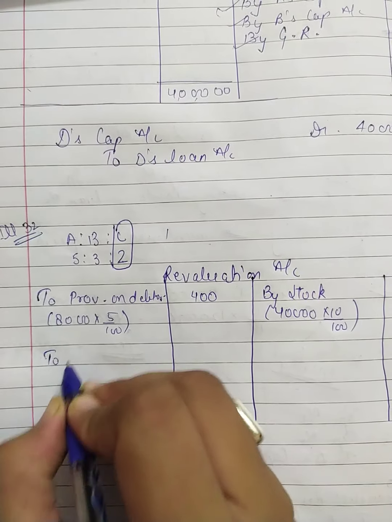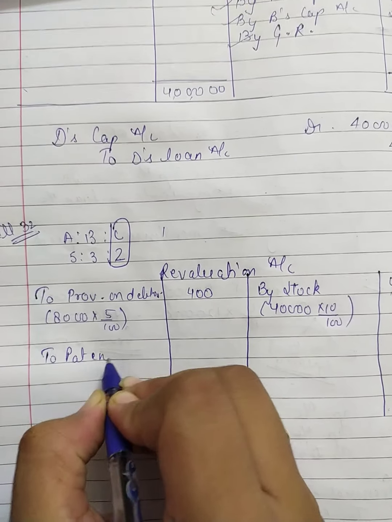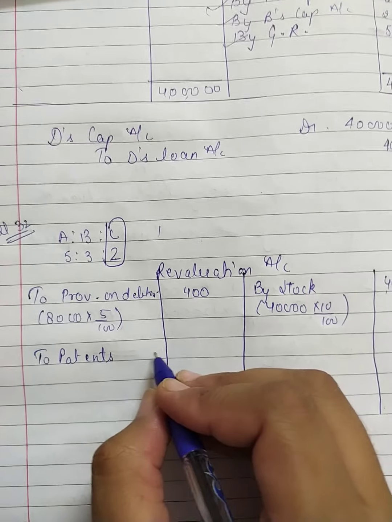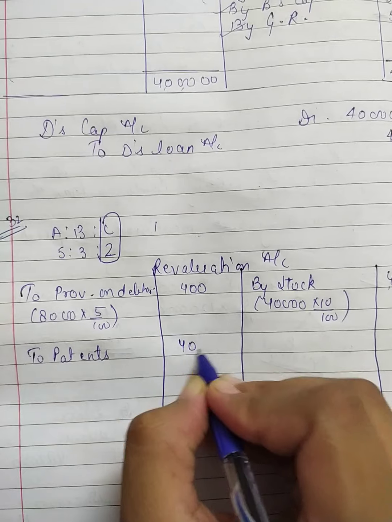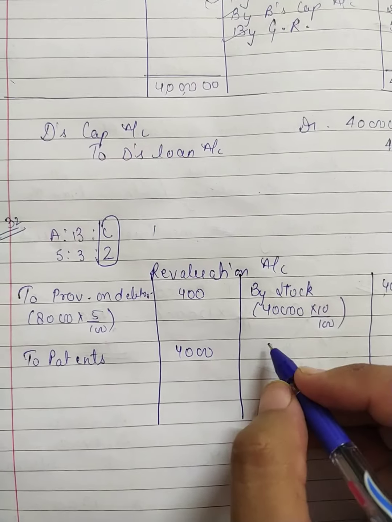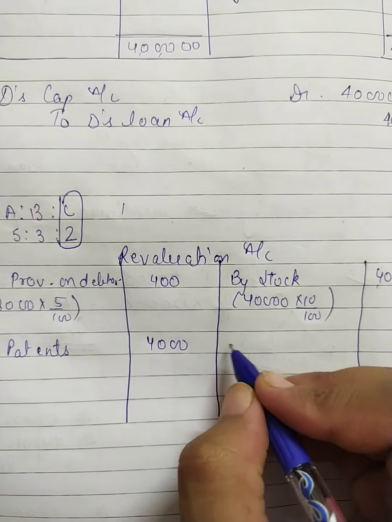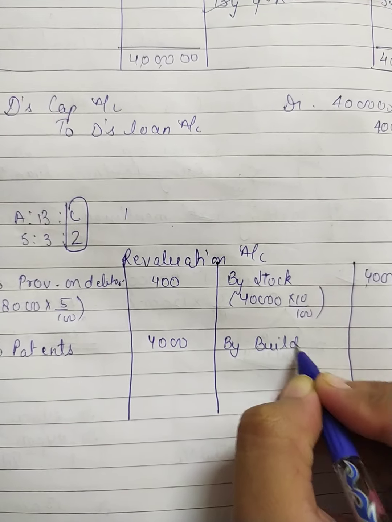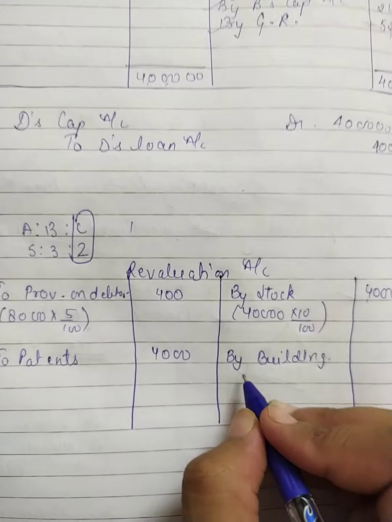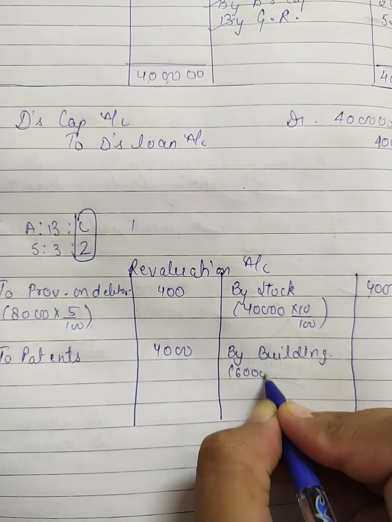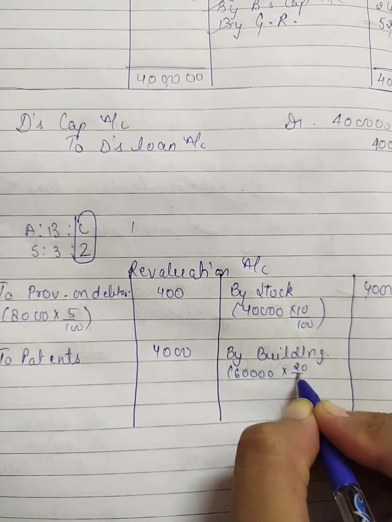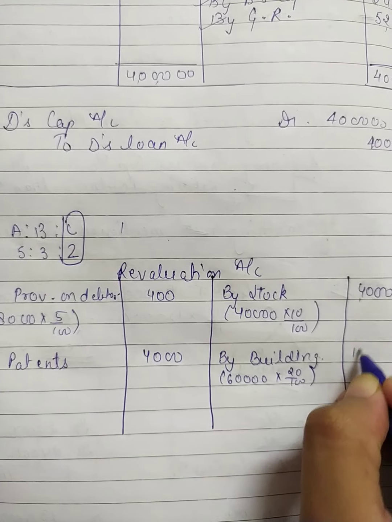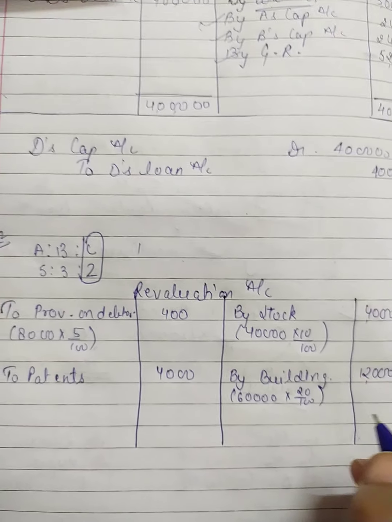It means our patents have no value now. So I am reducing the value of patent, that is 4,000. After that, we need to increase our building by 20%. So I am writing here by building. Our building has the value of 60,000. So it will be multiplied by 20%. So it will increase by 12,000.